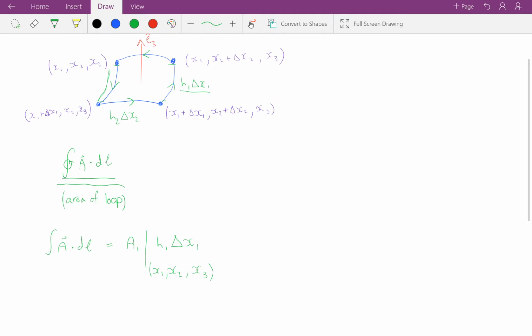Now we want to find the other side. Now this one, we're traversing the loop in the opposite direction of our dl component, so we've got the integral of A dot dl.